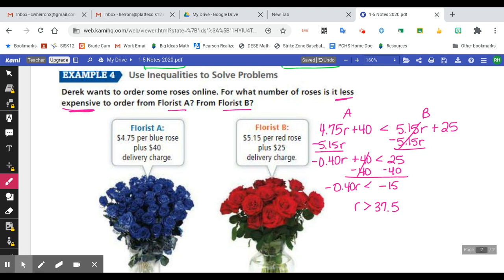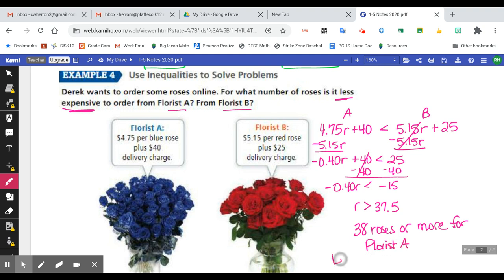Now, that means you have to order more than 37.5 roses to make it cheaper. Now, 37.5 is not a number of roses that you can order. So you'd have to order 38 roses or more for florist A. Okay?